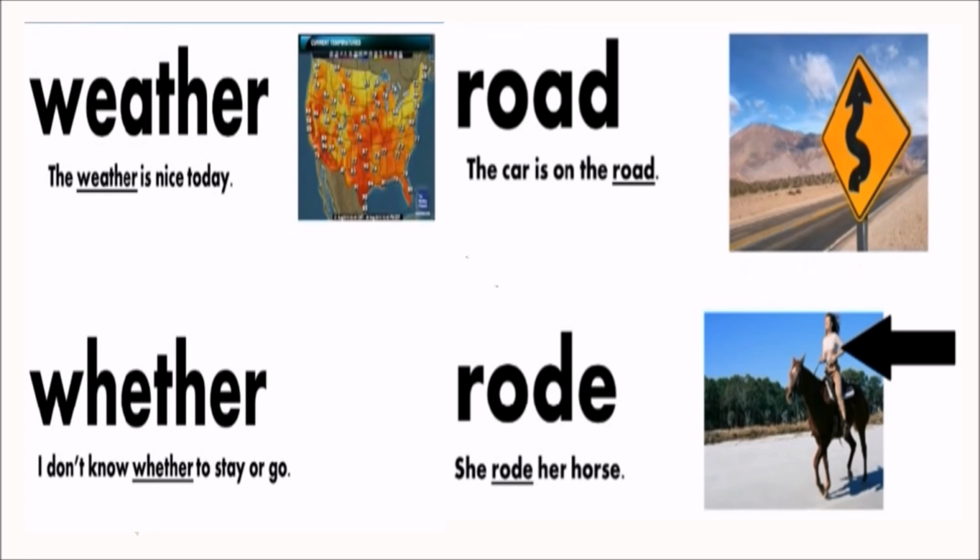I don't know whether to stay or go. Next we have road, rode. The car is on the road. She rode her horse. So these are all the words that sound alike but have different spellings and different meanings. So these words are called homophones.